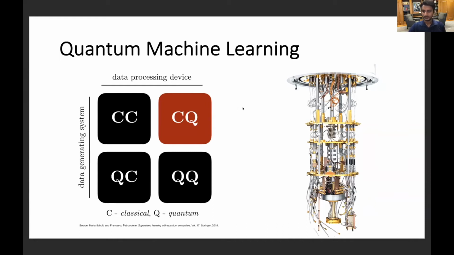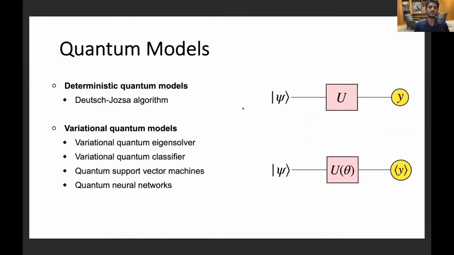Yeah. So the quantum models come in two main categories. One is deterministic quantum models, where we prepare a state and we know what the answer would be, and when the process finishes, it gives us an exact answer. Then there are variational quantum models, where one doesn't have a formal way of getting to the answer.